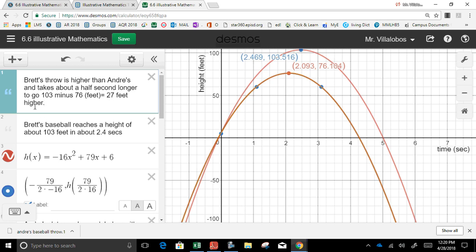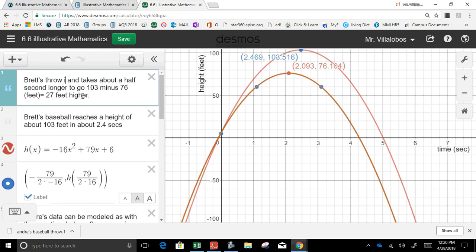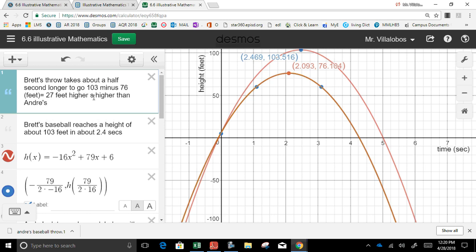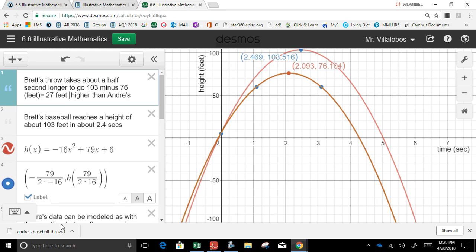Okay, so Brett's throw is higher than Andre's and takes about half a second longer to go. One is 76 feet, 27 feet higher than Andre's.